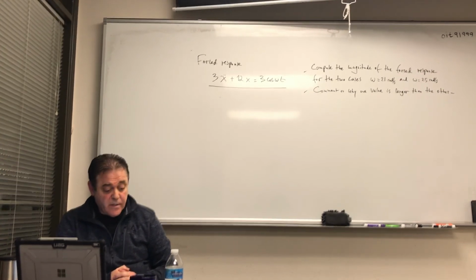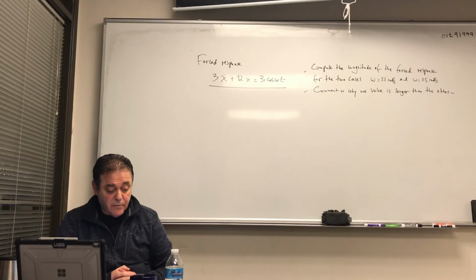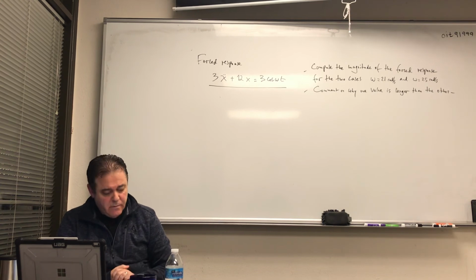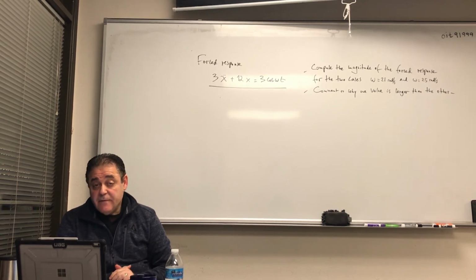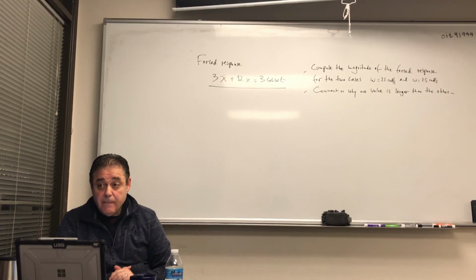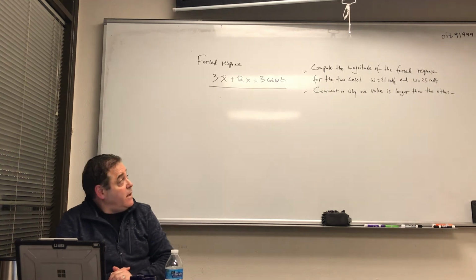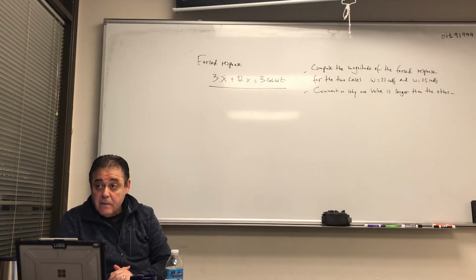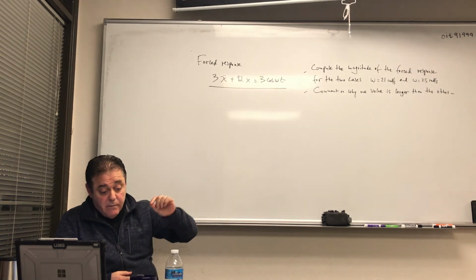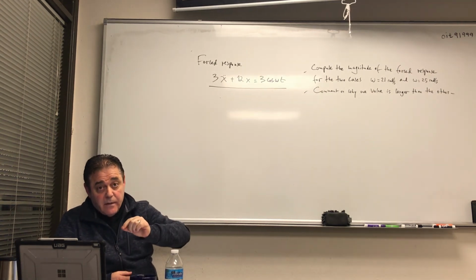So the first one is somewhere about 2.44, and the second one is 0.44. That means if you are exciting your system with the lower frequency, you are getting bigger amplitude. When you go to higher, you're getting lower.